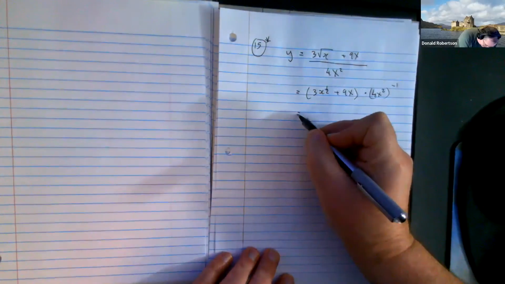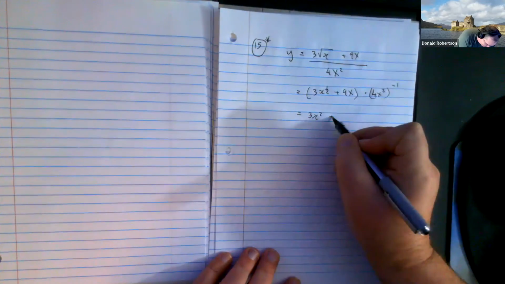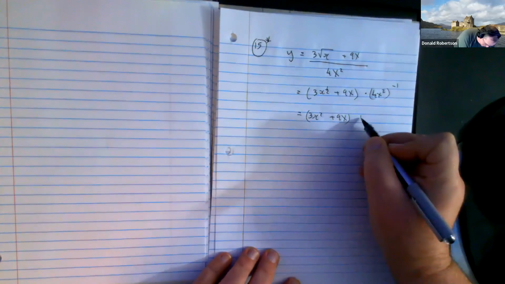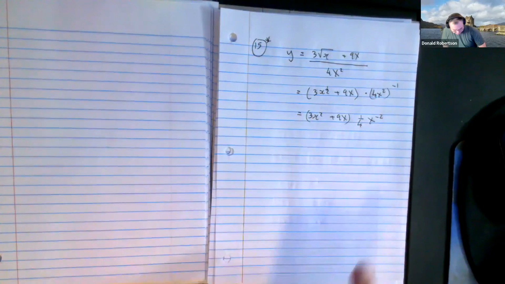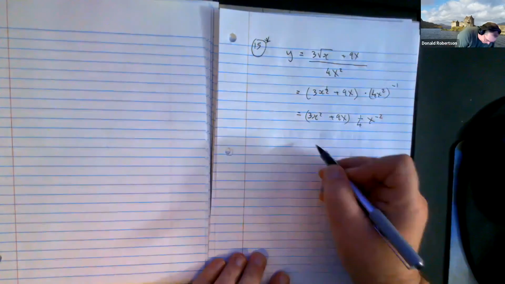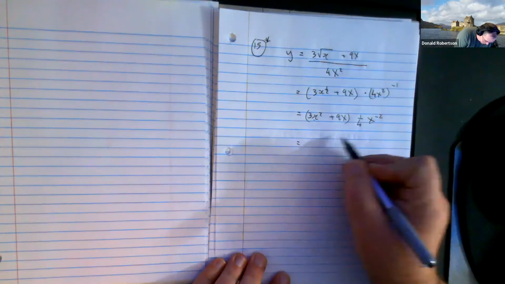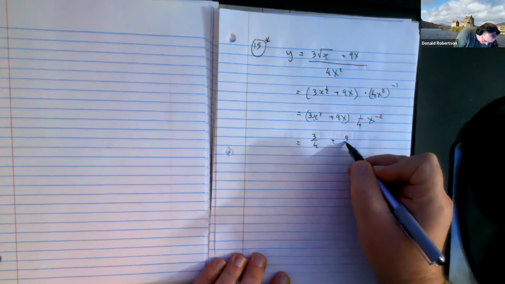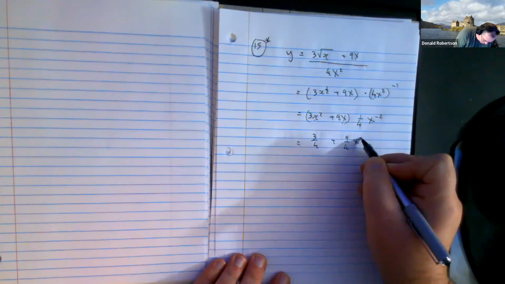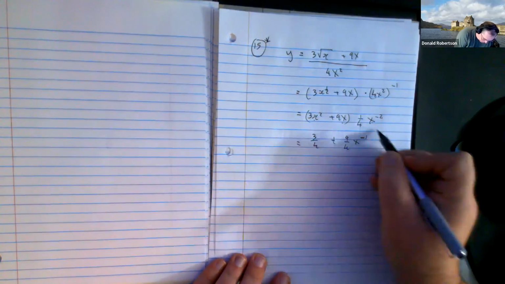You nailed it. Right, 1/4 x to the negative 2. And if you do that, you will get this guy times this guy, which is the number 3/4, and this guy times this guy is the number 9/4 x to the -1. And then you can differentiate it.